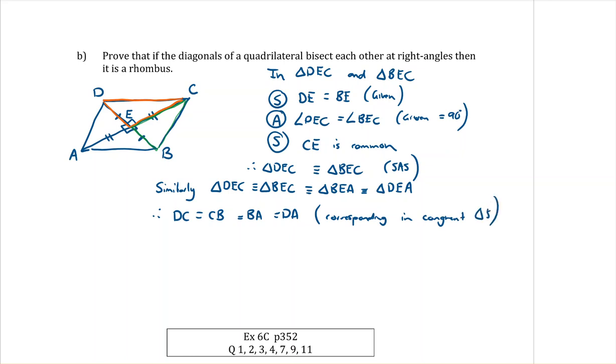Okay, so I've shown that all the sides are the same. That's the first thing I had to show. But I also want to show that the opposite sides were parallel. So, and let's keep going. The angles CDE and angle ABE and angle ADE and angle CBE, they are also going to be equal because they are corresponding angles in congruent triangles.